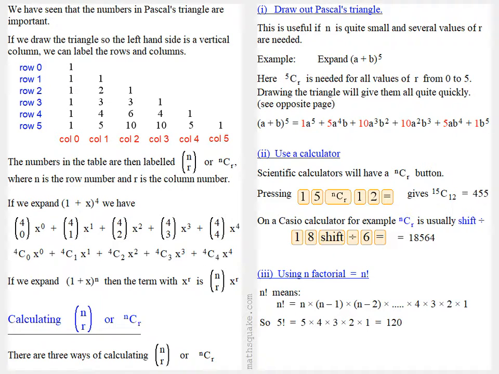So for example, 5 factorial is 5 times 4 times 3 times 2 times 1, which is 120. 7 factorial would be 7 times 6 times 5 times 4 times 3 times 2 times 1, which is 5040. In fact, there will be a factorial button on any scientific calculator. Then we have the formula nCr equals n factorial over r factorial times (n minus r) factorial.